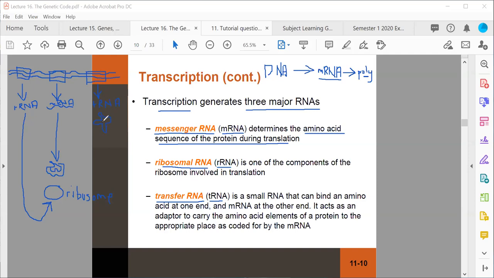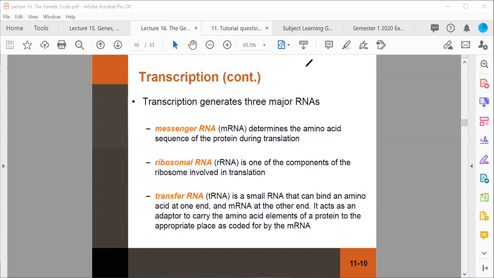This particular type of RNA molecule will actually bring amino acids to the ribosome. So it's basically a transport type RNA molecule. It will transport specific amino acids to the ribosome in order to enable the synthesis of a polypeptide chain. Okay, so hopefully that puts it all into some sort of perspective, and we'll be looking at those processes from here on.